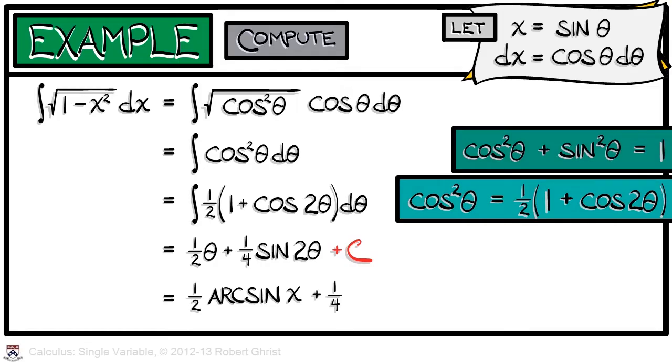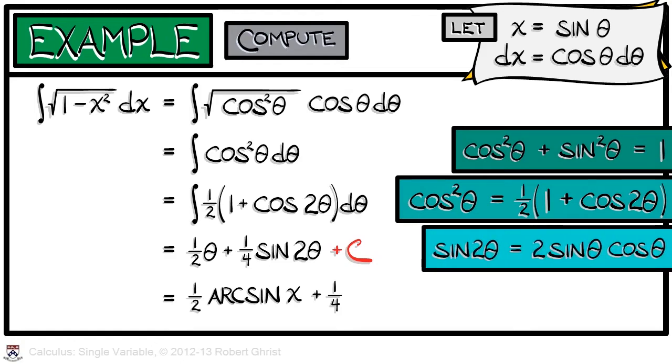What about that second term? Well, we have a 1/4 times sine 2 theta. The double angle formula for sine allows us to replace this with 2 times 1/4, which is 1/2, times sine theta, which is x, times cosine theta. What is cosine theta in terms of x?